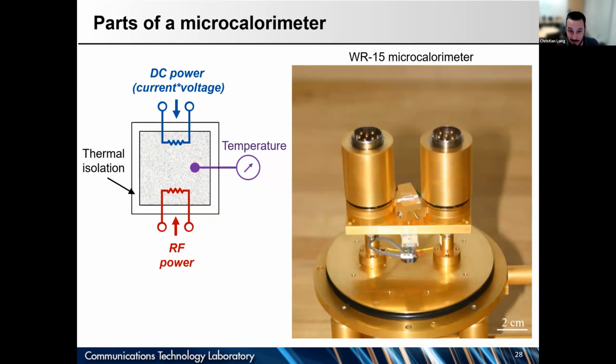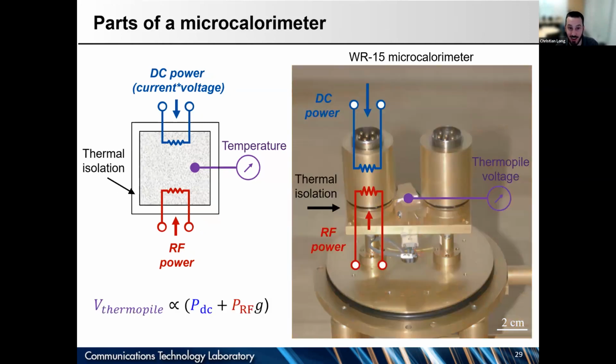Those rectangular waveguide WR15 power sensors are in here. And this bit, while it looks like metal, is actually gold-plated plastic, and it thermally isolates that power sensor from the environment. So I'll overlay a bit of a schematic on top of this.